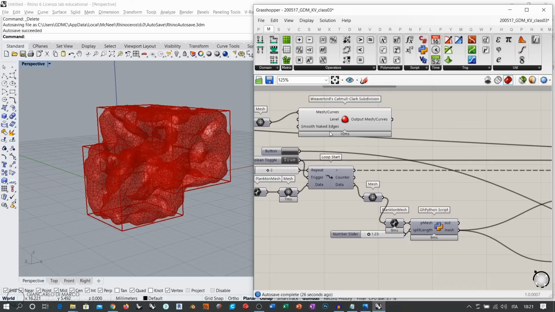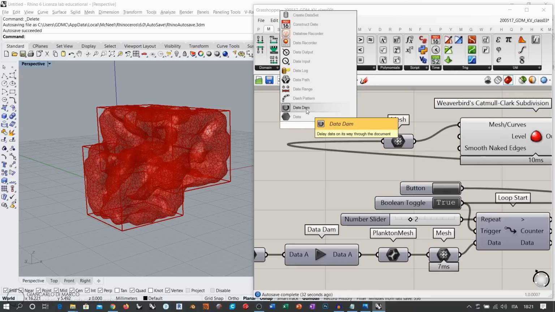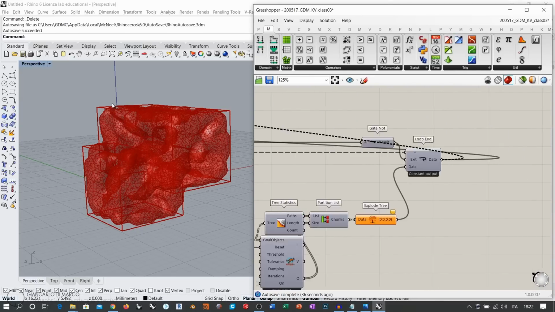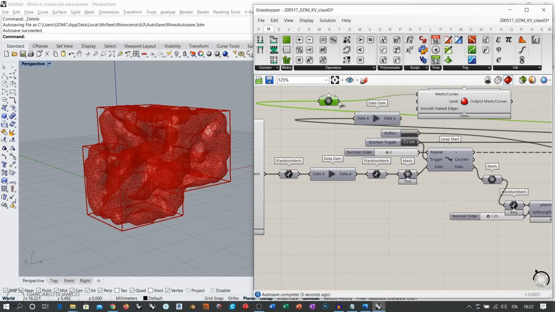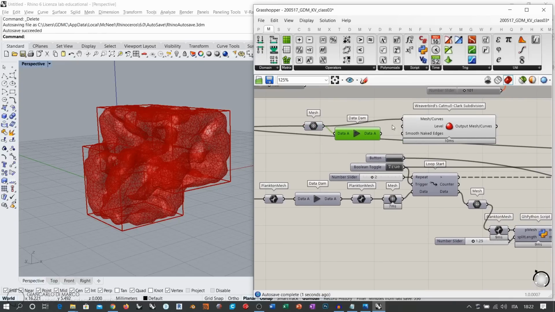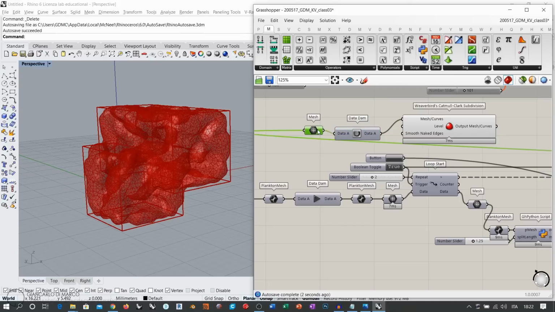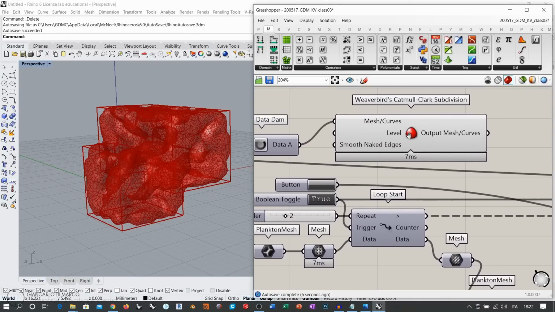Another thing that I would do would be to create a data dam once again, send this result here to the data dam, and send the mesh to the data dam, and then send the output to Catmull-Clark. In this case, Catmull-Clark is no longer recalculating the mesh over and over.